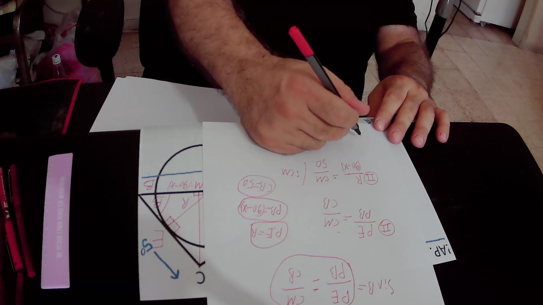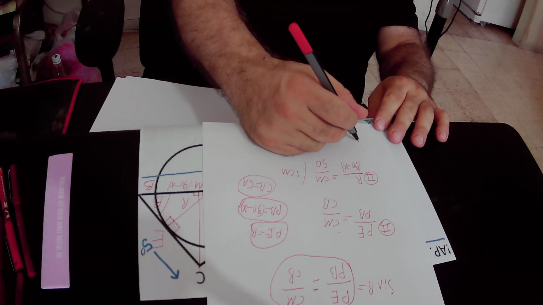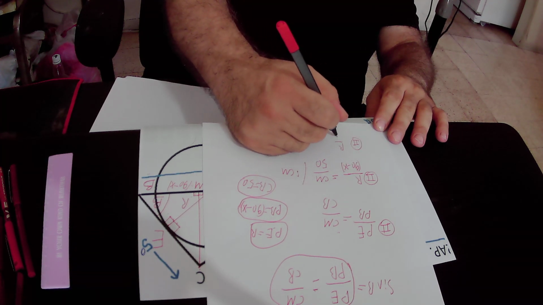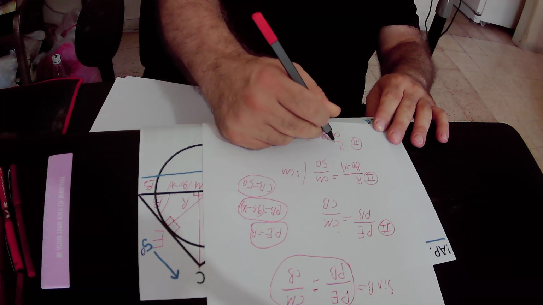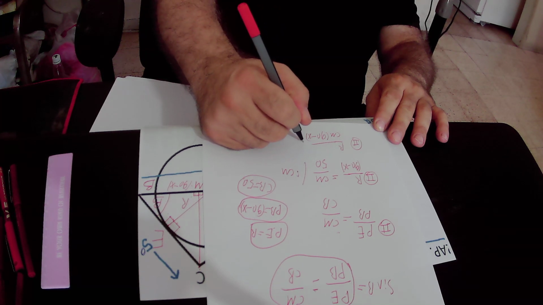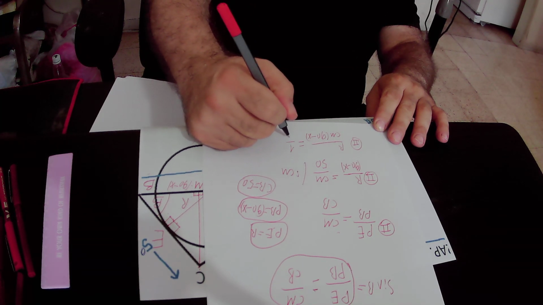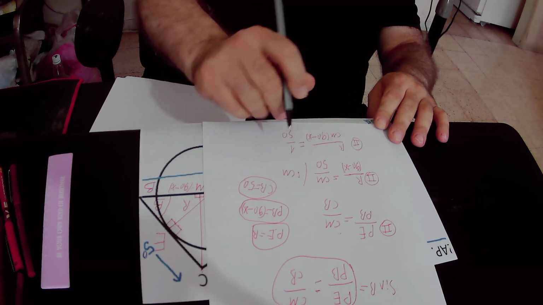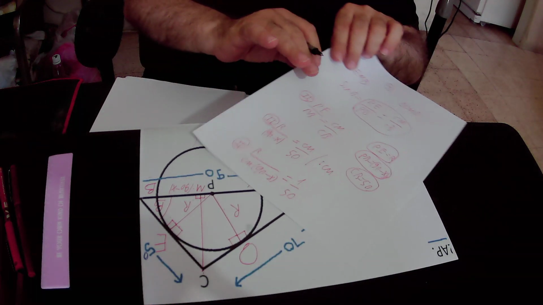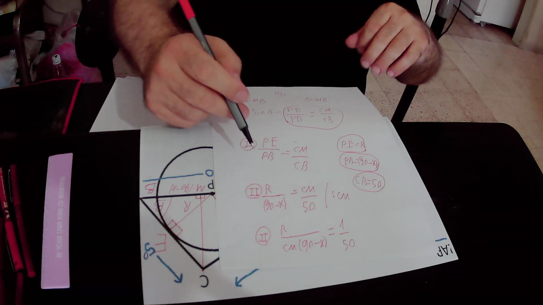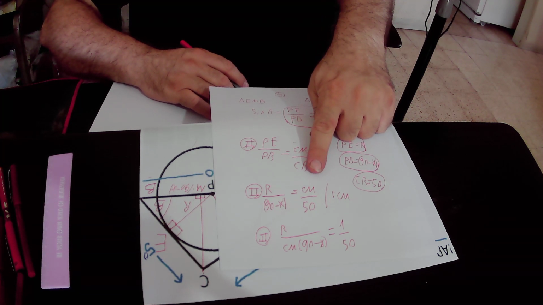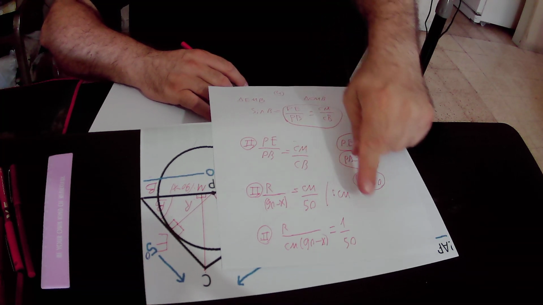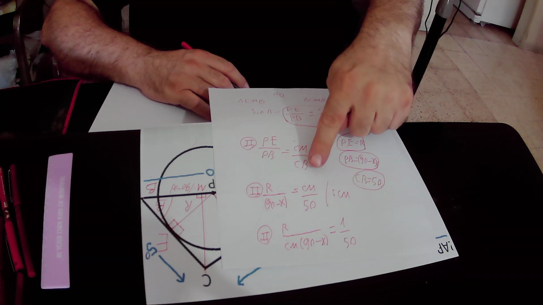We'll get R over CM times 90 minus x. So we divided both sides of the equation by CM. CM divided by CM equals 1.